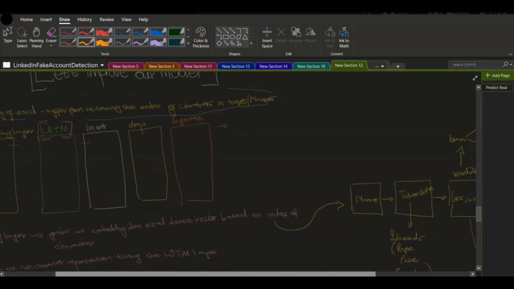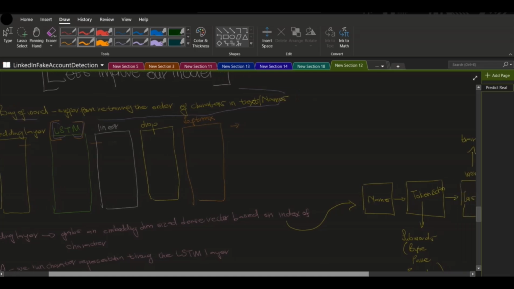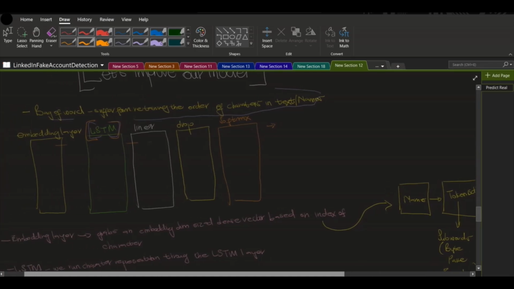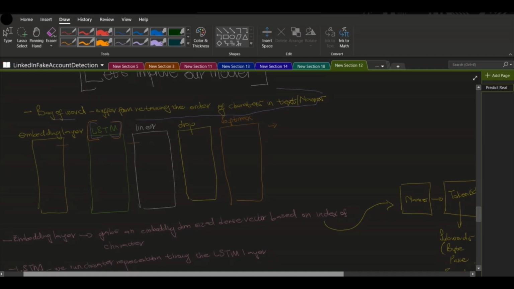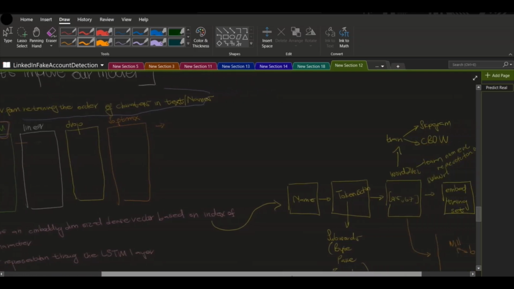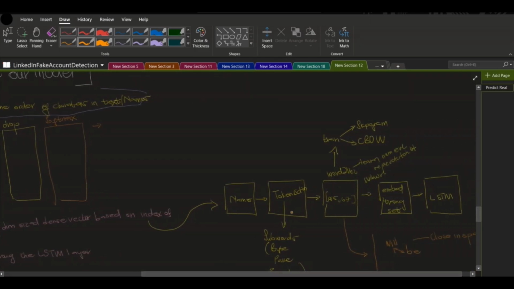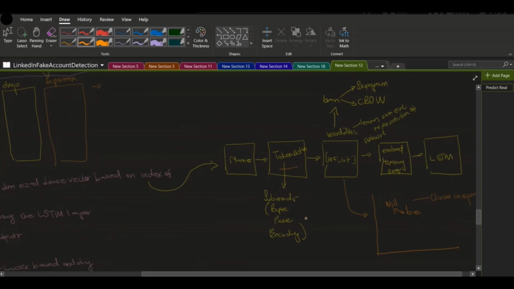However, we said on the embedding layer we're going to use character-level embedding, but character-level embedding can sometimes not capture quite meaningful embeddings. So I'm thinking that we can tokenize, then use subwords and the byte pair encoding algorithm, which I think can help us to capture more meaningful embeddings.